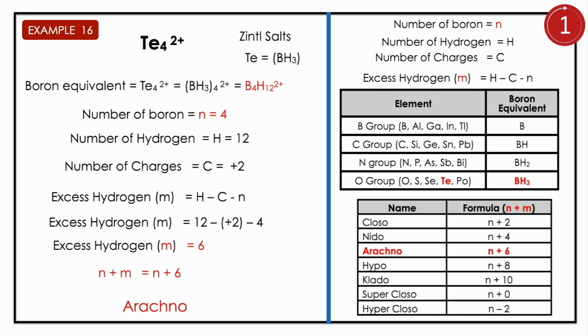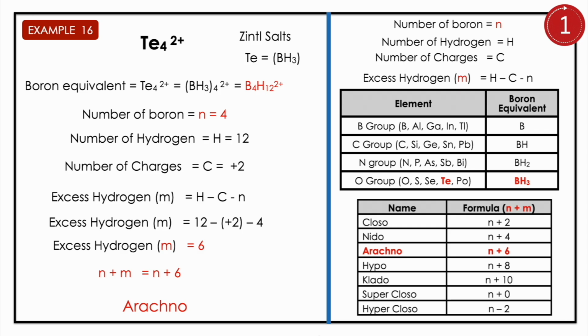So we can apply Wade's rule. First step will be counting the boron. There are 4 borons, so N equals 4. Hydrogens are 12, so H equals 12. Charge is plus 2, so C is plus 2. Excess of hydrogen formula will be M equals H minus C minus N. If you substitute the values, 12 minus plus 2 minus 4.